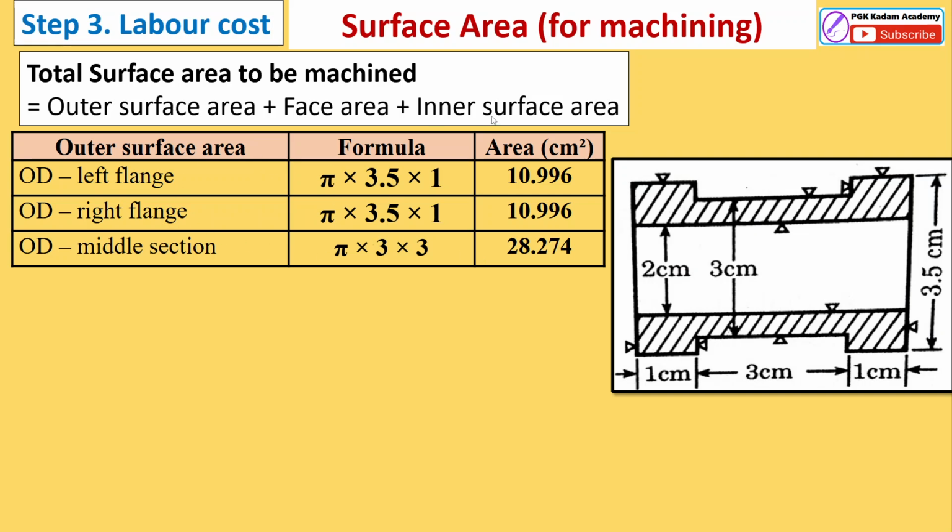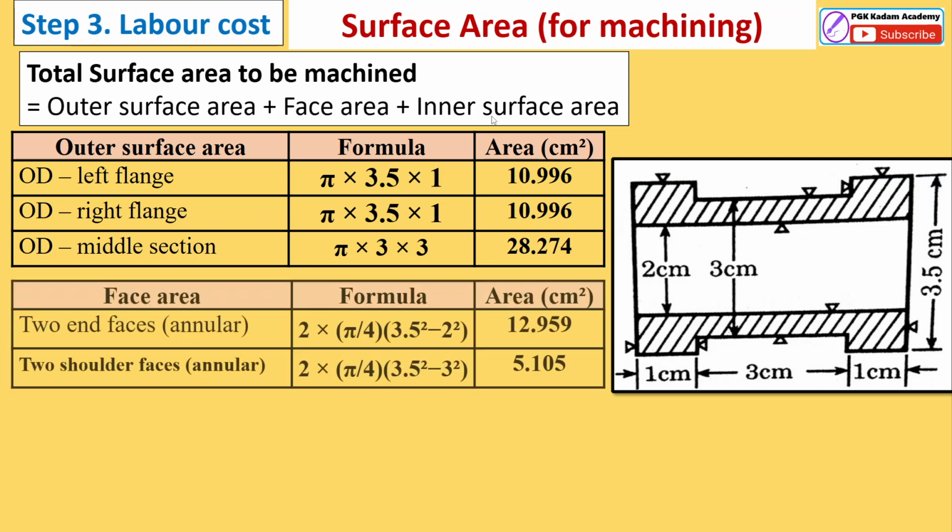Once we have calculated that, what is remaining? The face area and inner surface. So next is the face area. Two end faces: the facing operation we have to do. At this side, the right side face, multiplied by 2 pi by 4, 3.5 squared minus 2. That is the face area where machining is to be done. Overall 2.5 machining is there. Let's calculate the area: 12.9 square.